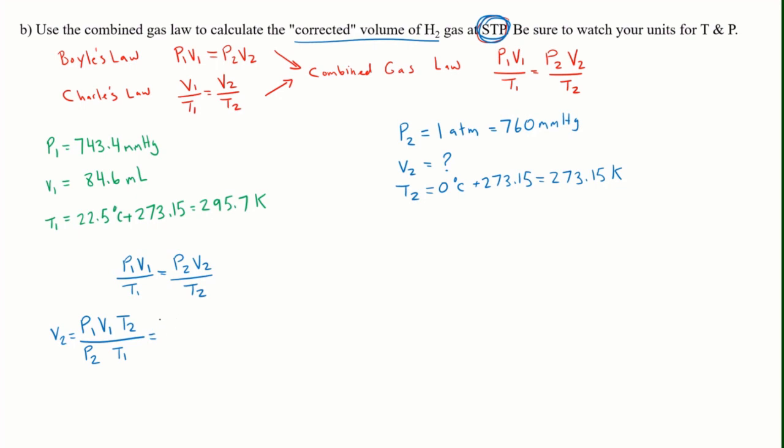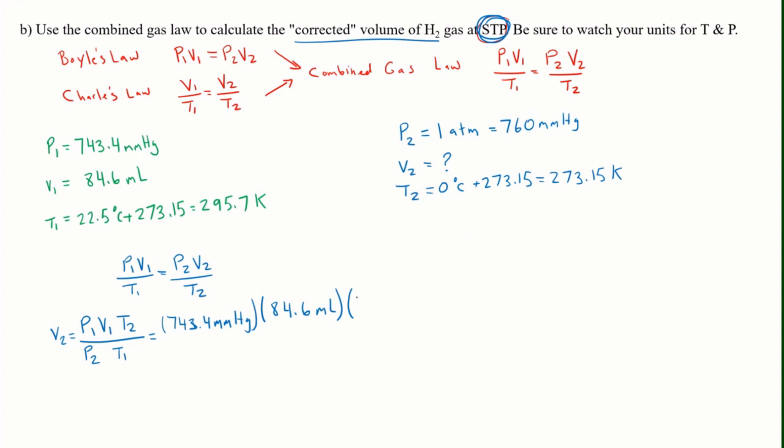P1 is 743.4 millimeters of mercury times V1, which is 84.6 milliliters, times T2.